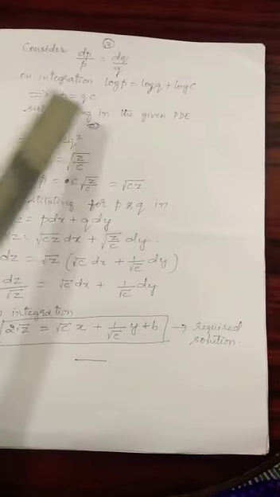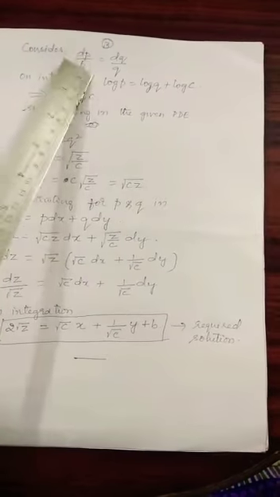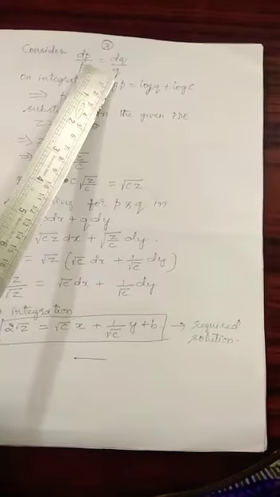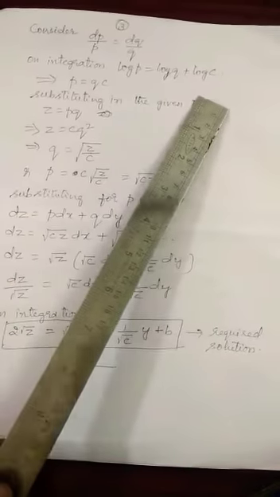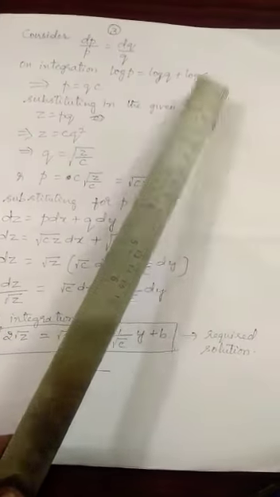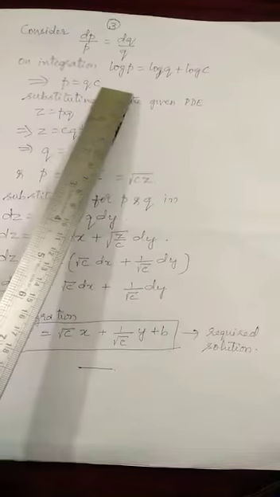So integrate: integral of dp by p is equal to integral of dq by q. On integration you get log p is equal to log q plus log c, where c is the constant of integration. Removing the log, we get p equal to qc.